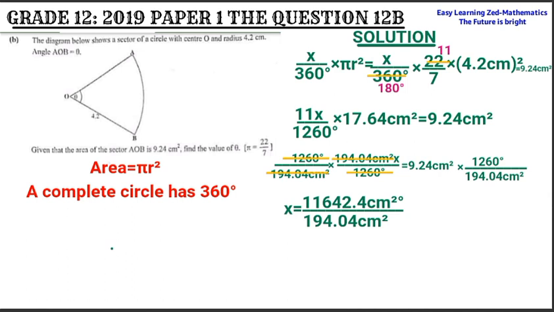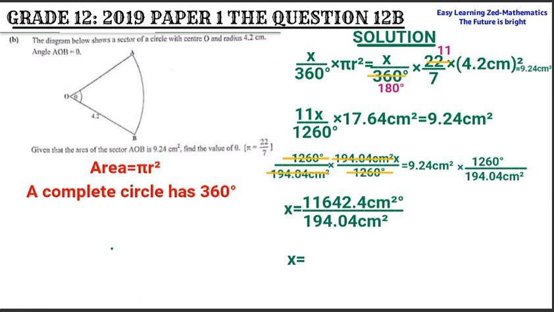So 11,642.4 centimeter squared degree divided by 194.04 centimeter squared will give us, before I do that, let me just write x is equal to.